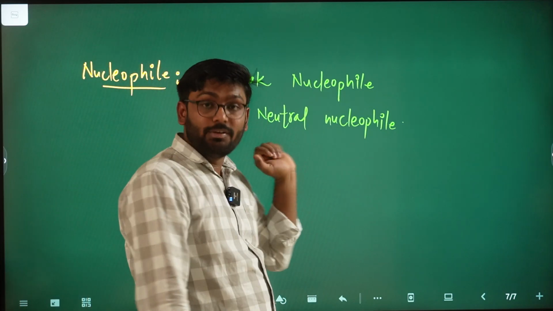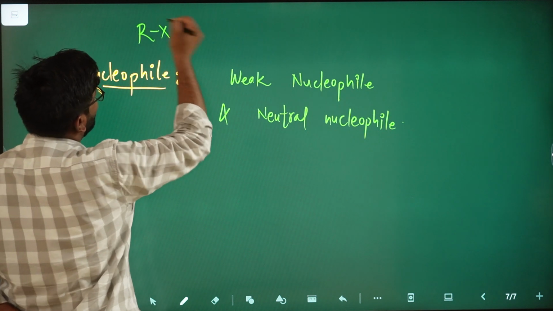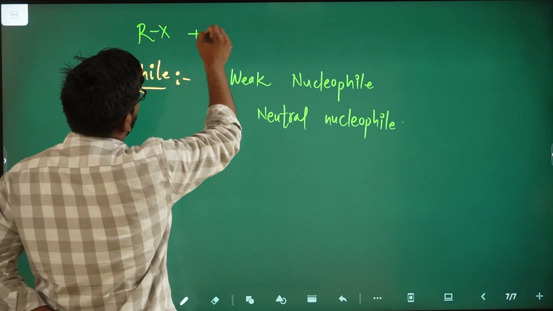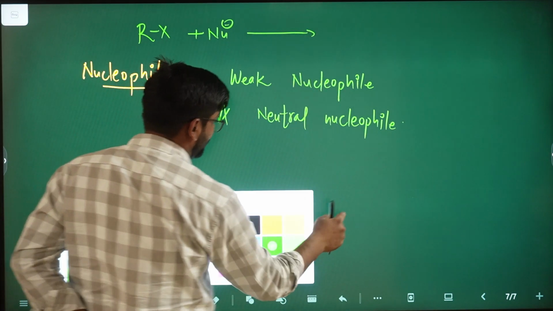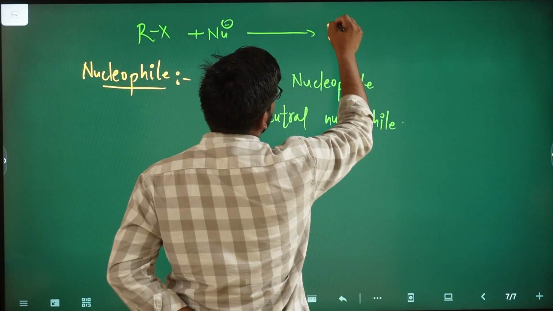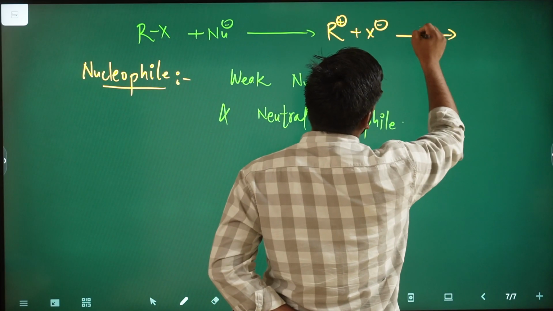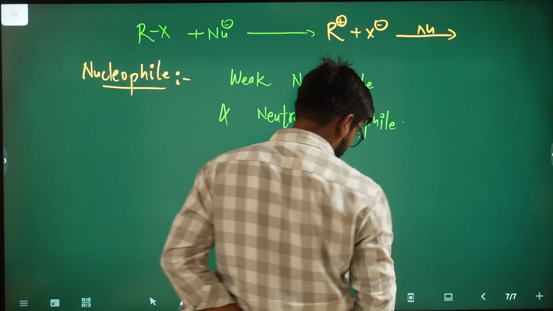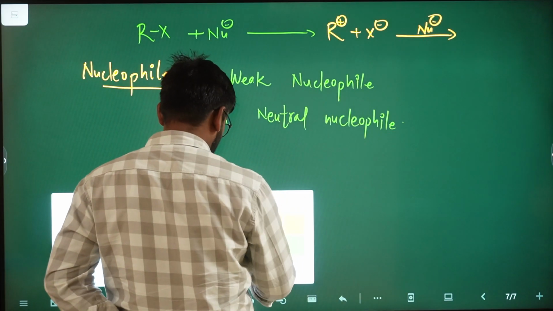Why are we taking weak? Because in the reaction, as I said, first the carbocation will form, R plus X minus, and then the nucleophile will attack.